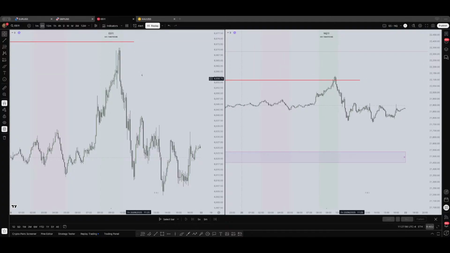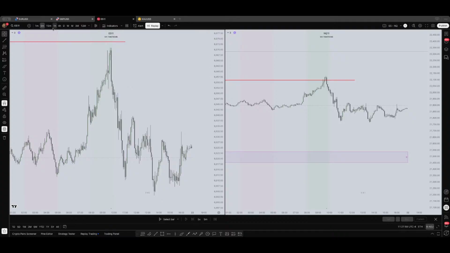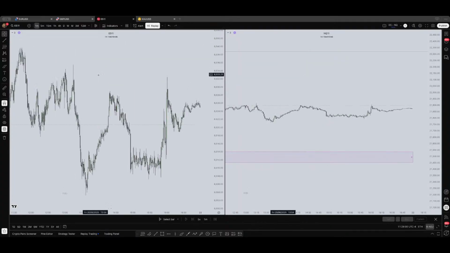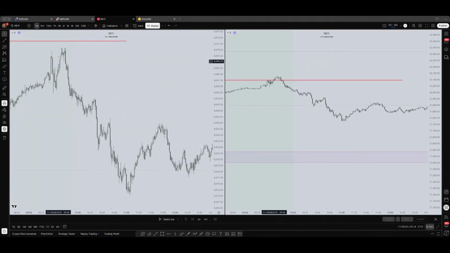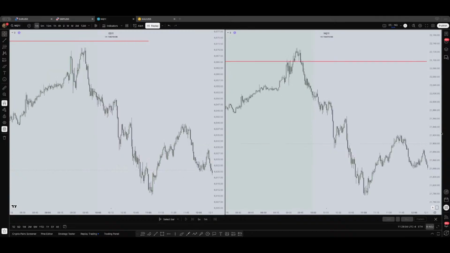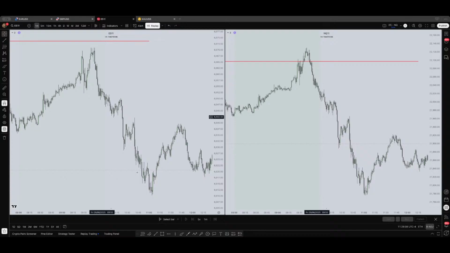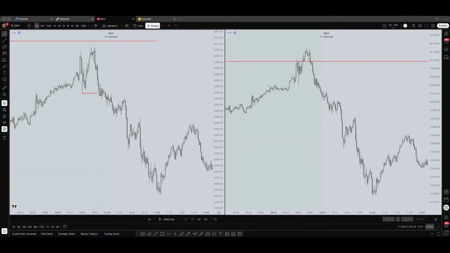The tricky thing here was that, I think in the 1 minute chart, I was expecting price to come higher after this break of structure, this market structure shift, or here you can also see it. I was expecting price going higher. In fact, I was drawing this Fibonacci, something like this.